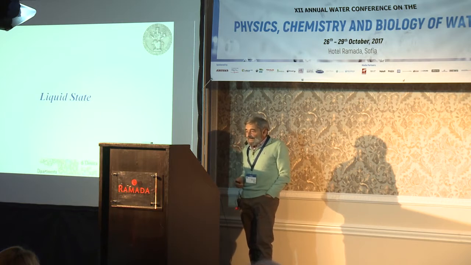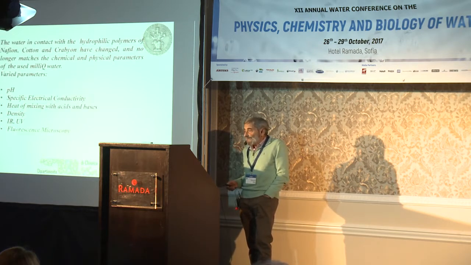In the next slide, I will describe the physical-chemical properties of IPW, which are quite different from those of ultra-pure milliQ water. And the next 3 slides contain graphs showing the linear trend of pH as a function of the logarithm of electrical conductivity for 3 waters perturbed by hydrophilic polymers such as hydrophilic cotton, Cuprophan, and Nafion. Cuprophan is a mix of cellulose and chitosan, a cellulose derivative.